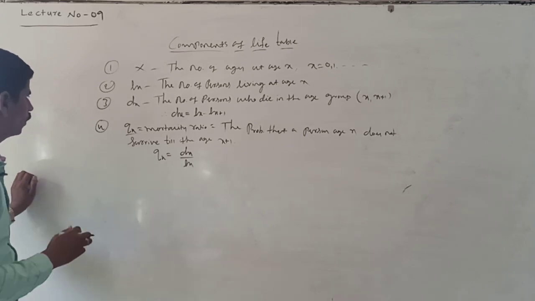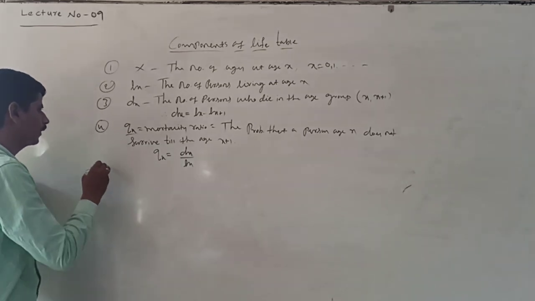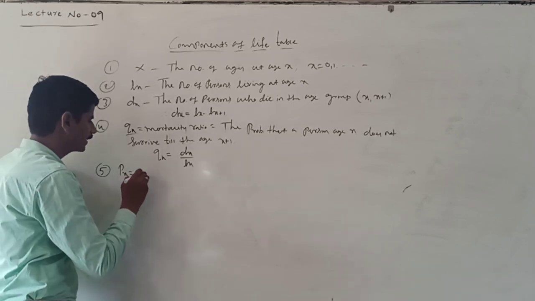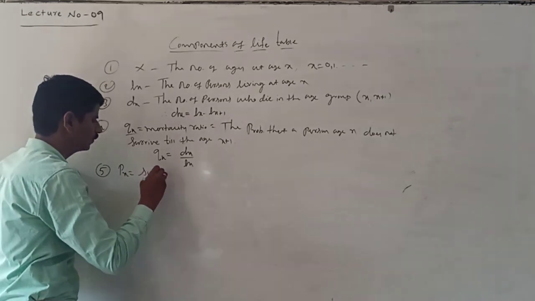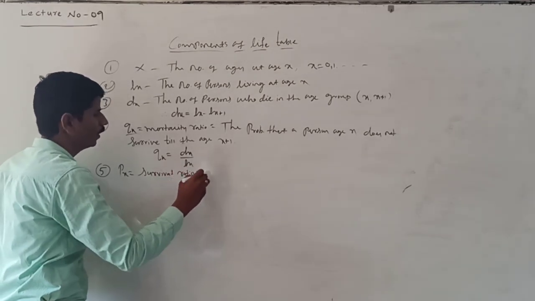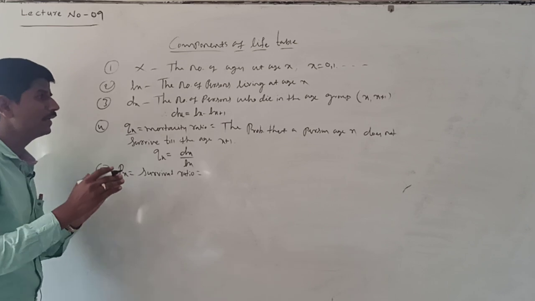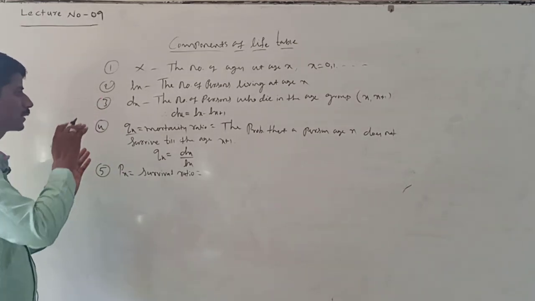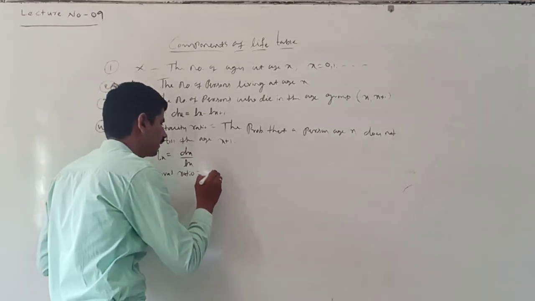Okay, the next one, fifth component is px. Px is nothing but survival ratio. The probability that a person age x survives till age x plus 1.